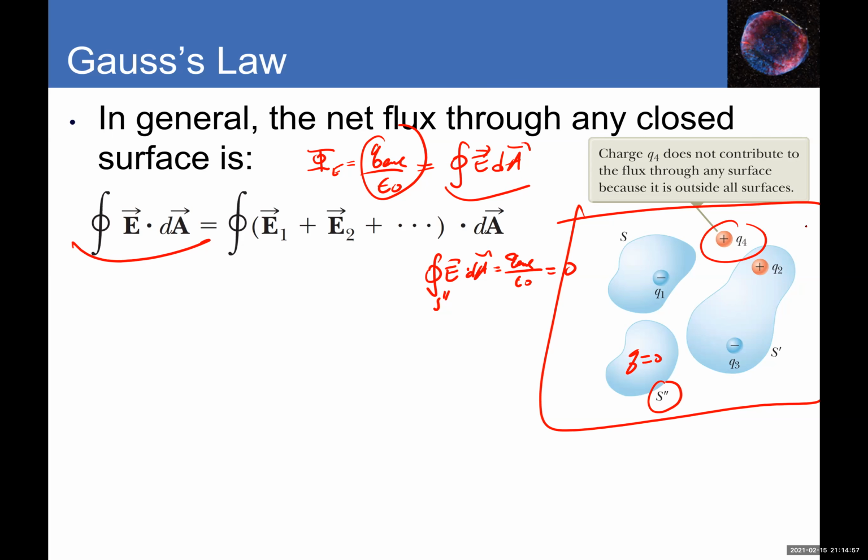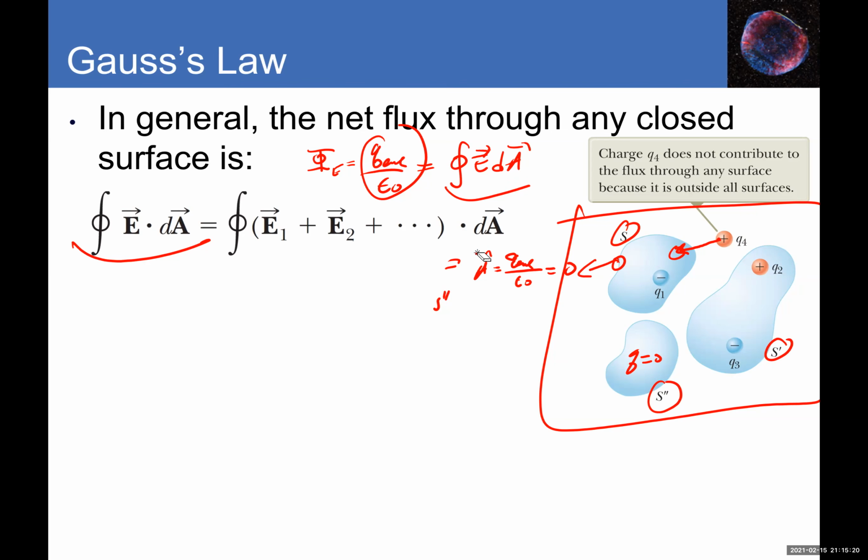Q4 is outside, and it doesn't contribute to any of the flux calculation for surface S, S prime, or S double prime. The electric field for this one goes in here and comes out over there, so it doesn't make any contribution. Negative flux, positive flux, so the flux contribution from Q4 is basically 0.